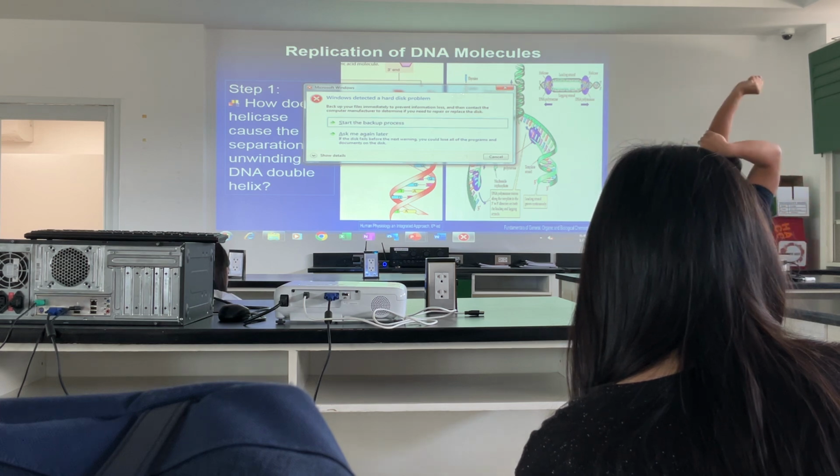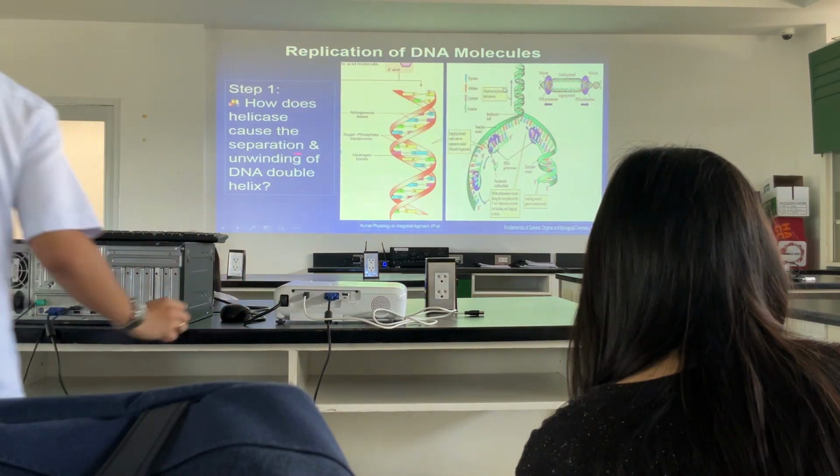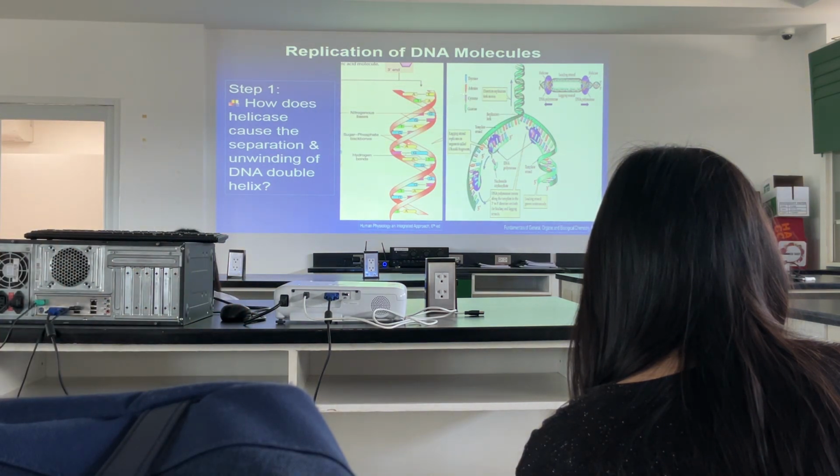Your helicase will cause separation and unwinding of the DNA double helix by breaking the hydrogen bonds that connect the bases, or that connect the two polynucleotide chains to one another.